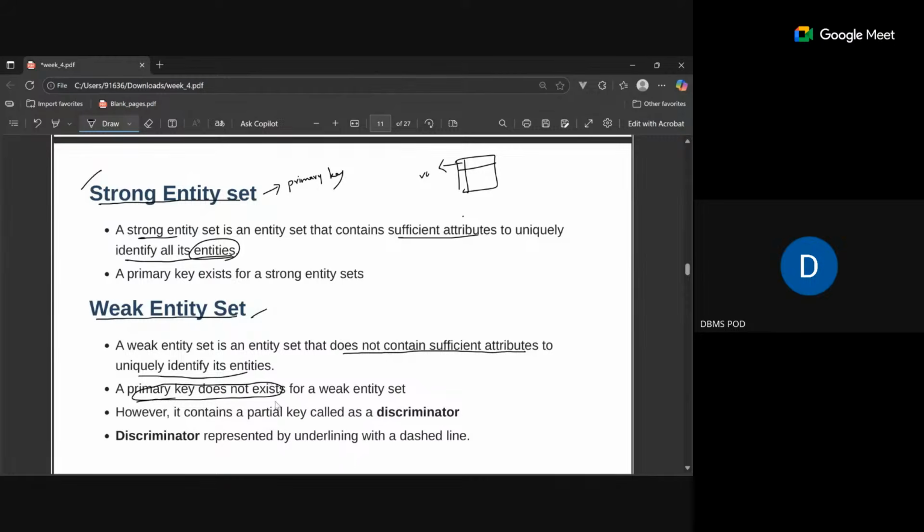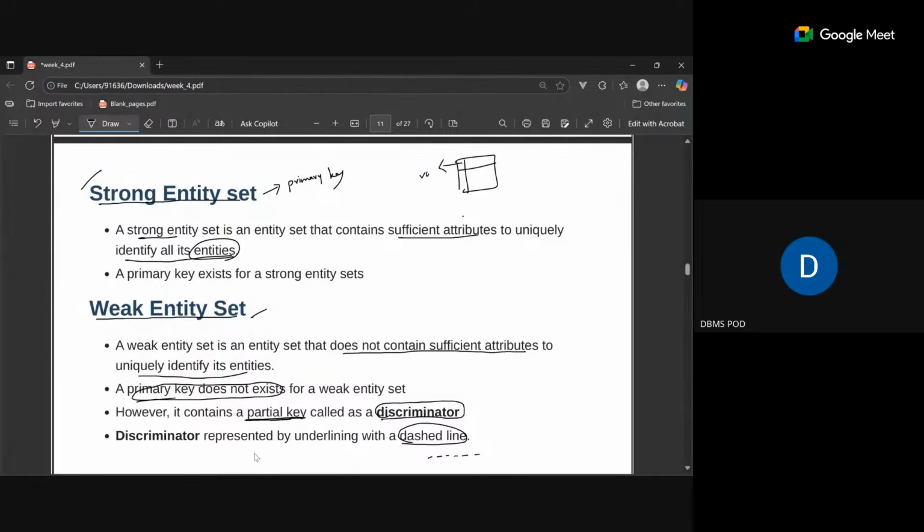But there could be something called a partial key, which we call a discriminator, and which in the design is shown with a dashed underline. That is called a discriminator.